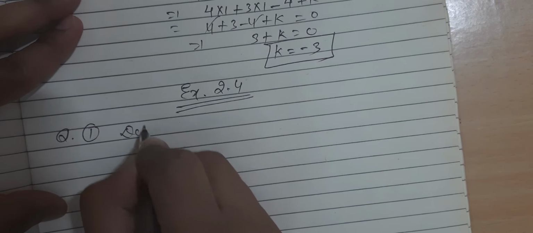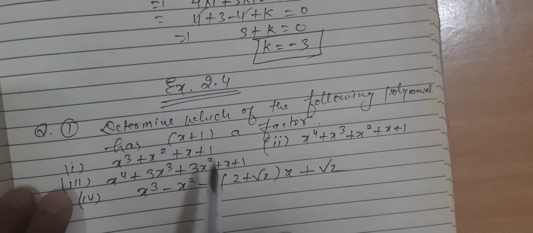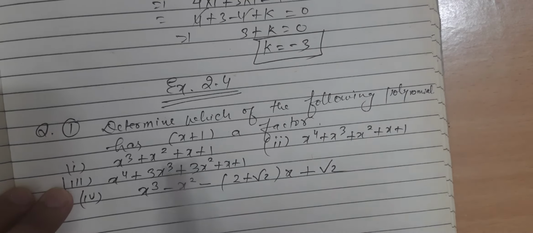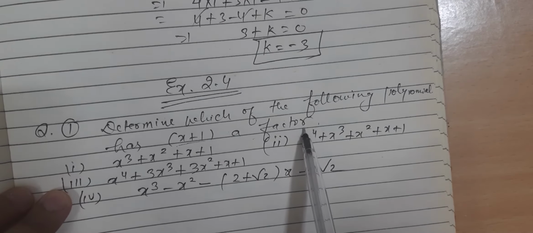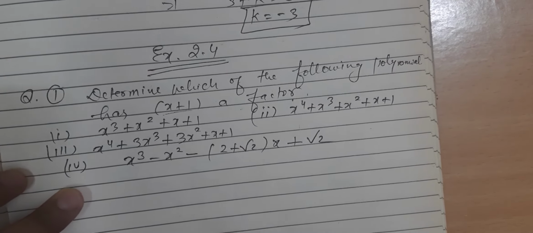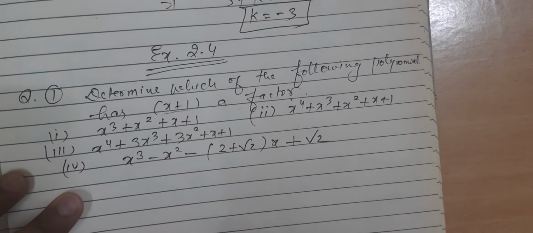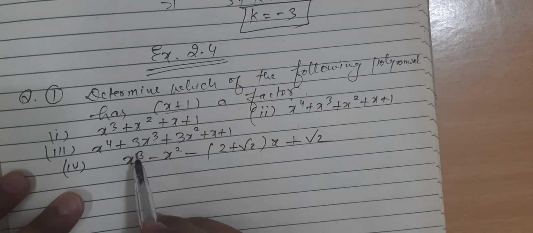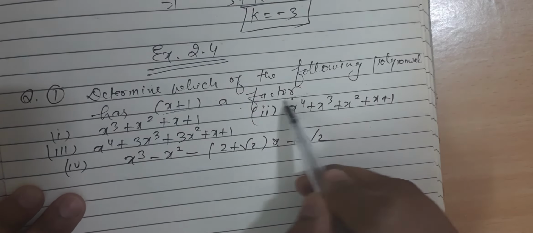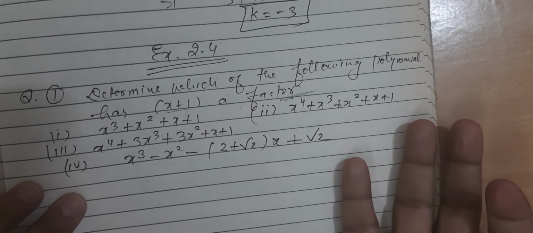Exercise 2.4, question number 1: determine which of the following polynomials has x plus 1 as a factor. We are given 4 polynomials and we have to check whether x plus 1 is a factor of these polynomials or not. Factor means when we put the value, we'll get 0. If we are getting 0, then it's a factor.